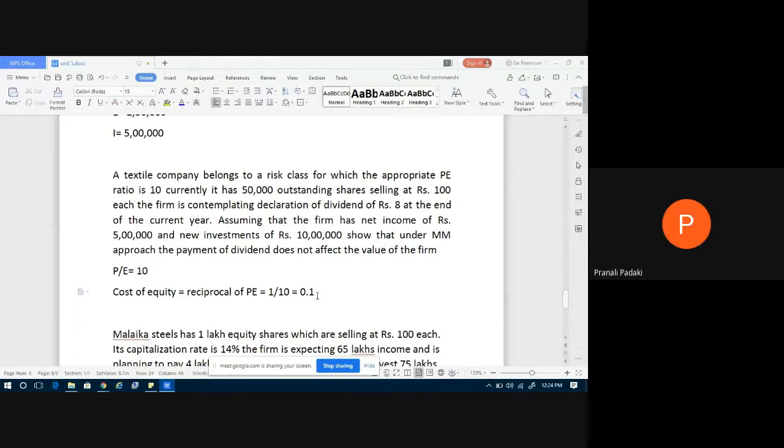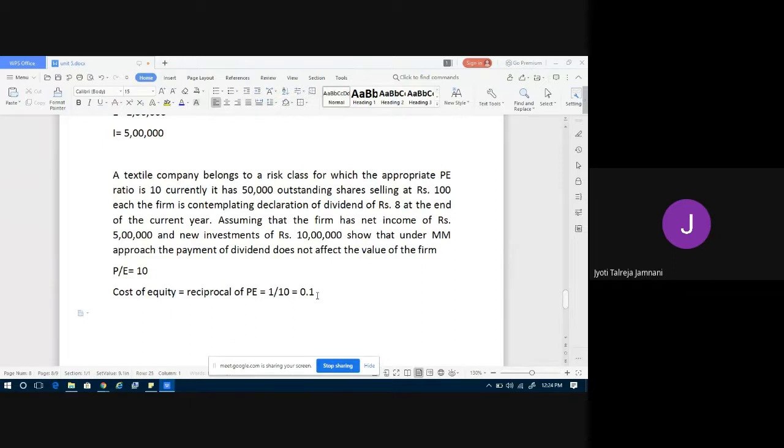Yes, ma'am. Okay, so let's start. Let's see what all else is given. Currently, it has 50,000 shares outstanding, so N is equal to 50,000. Selling at rupees 100 each, so P naught is equal to 100. The firm is contemplating declaration of dividend of rupees 8.